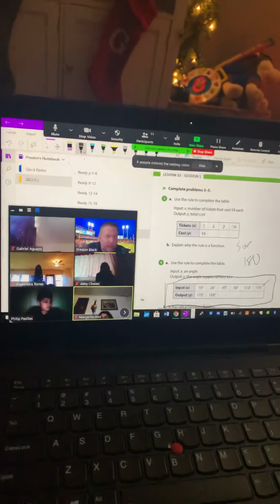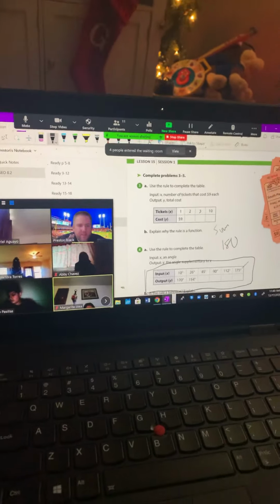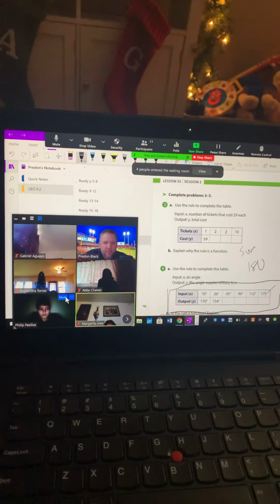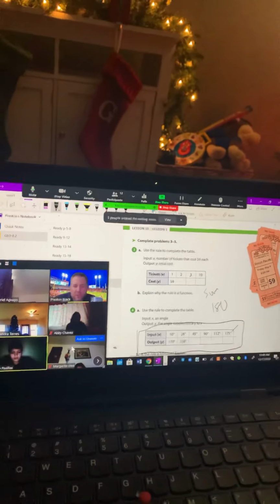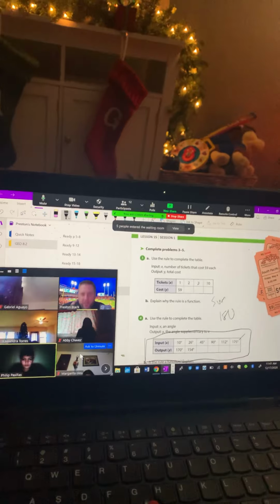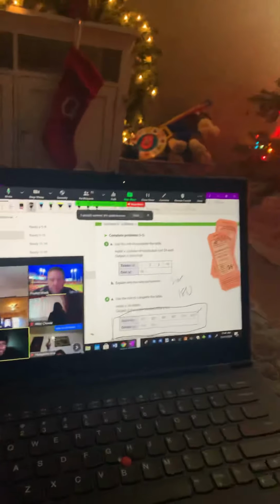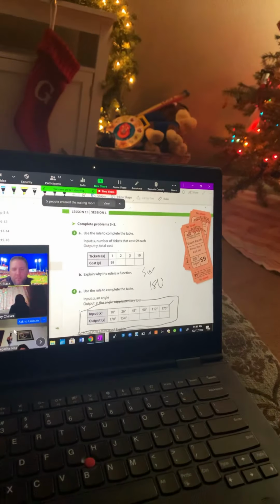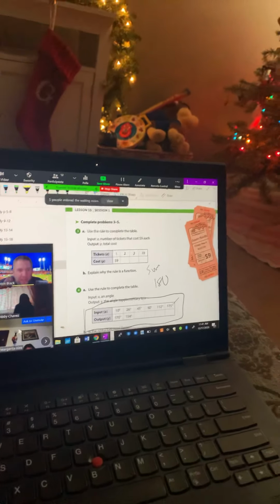Very good observations. So we're using angles, we're using degrees, we're using bigger numbers. The sum is adding up to 180.